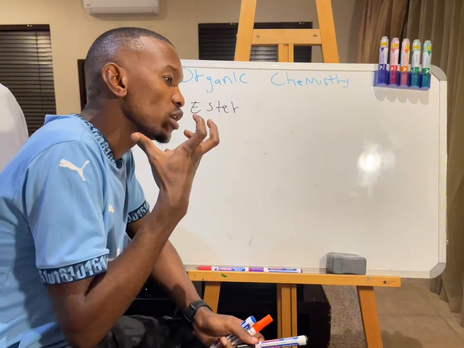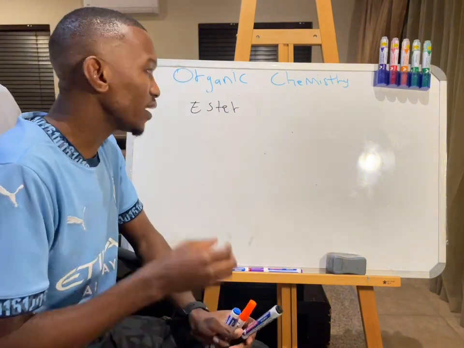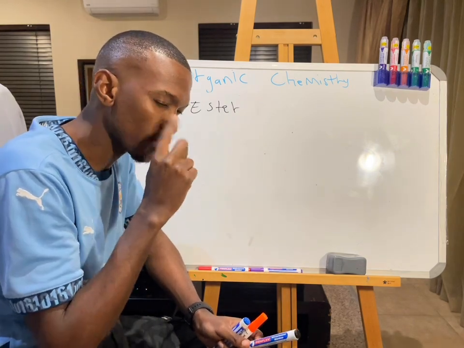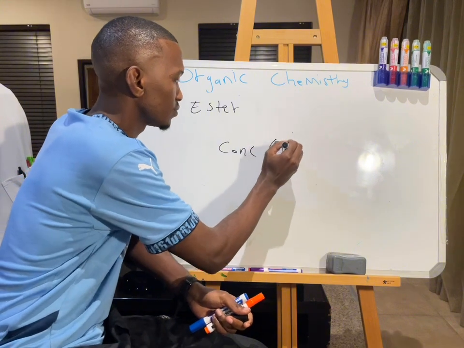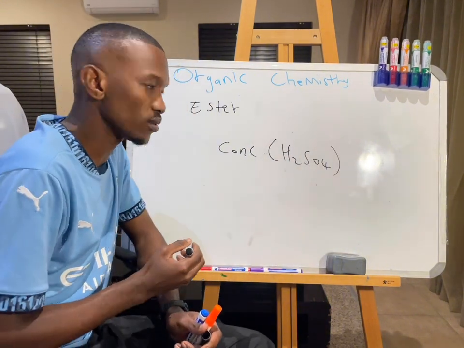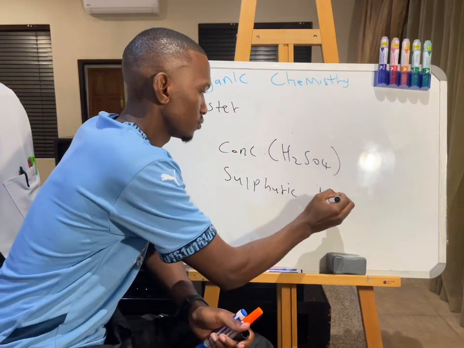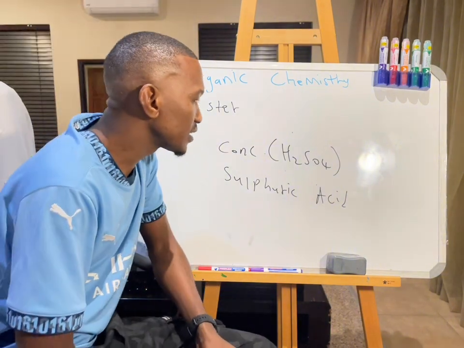We need to have that catalyst and also heat it up. So what kind of catalyst is needed during the esterification process? Do not forget this. We need concentrated H2SO4. Who can tell me what this guy is called? We need sulfuric acid. We need concentrated sulfuric acid.